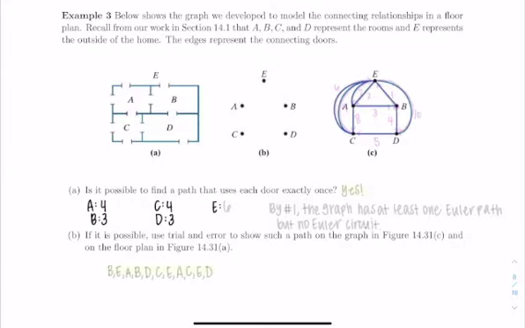And E has 6. So using Euler's theorem, is it possible to find a path that uses each door exactly once? Since we have 2 odd vertices, which are B and D, that means that this has to have at least one Euler path. So the answer is yes.